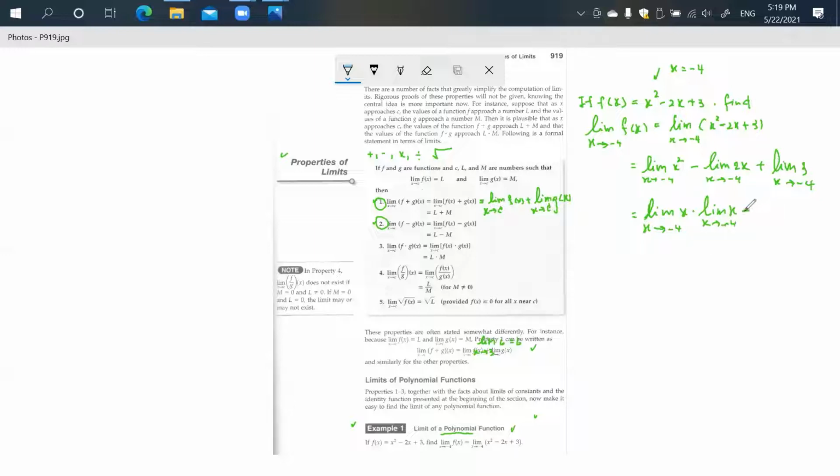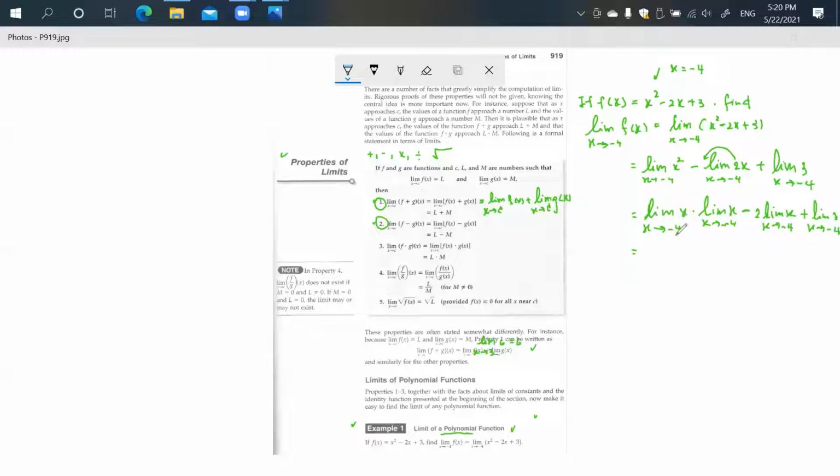And for this one you can take 2 out, similar to writing in sequences and series, so it becomes 2 times the limit of x as x approaches negative 4, plus the limit of 3 when x approaches negative 4.